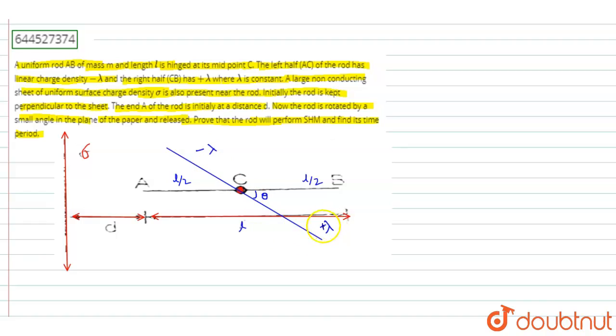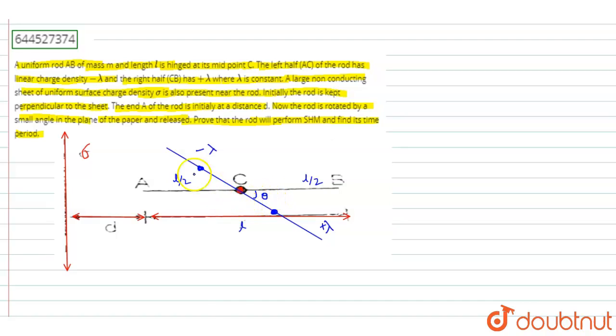We can consider all the negative charge concentrated at one point and all the positive charge concentrated at another point, and the distance between these two is L by 2. Now it is displaced by a small angle theta.